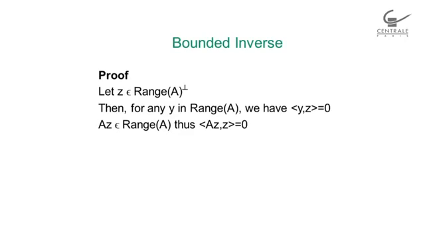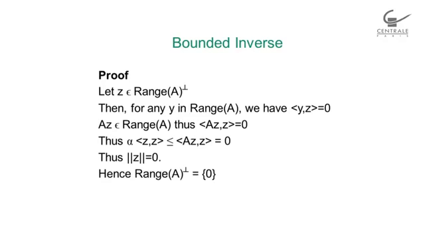Therefore, (Az, z) is equal to 0, which implies that alpha (z, z), which is smaller than (Az, z), is going to be equal to 0. So we have the norm of z, which is 0. Therefore, the orthogonal to the range of A is 0, which means that the range of A is the entire space, which means that it's going to be surjective.